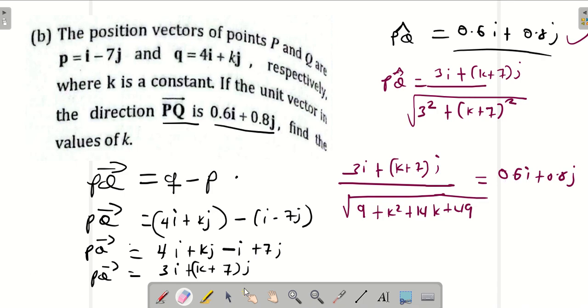Now check the PQ for me. Is it correct? The PQ is still correct, eh? Okay.